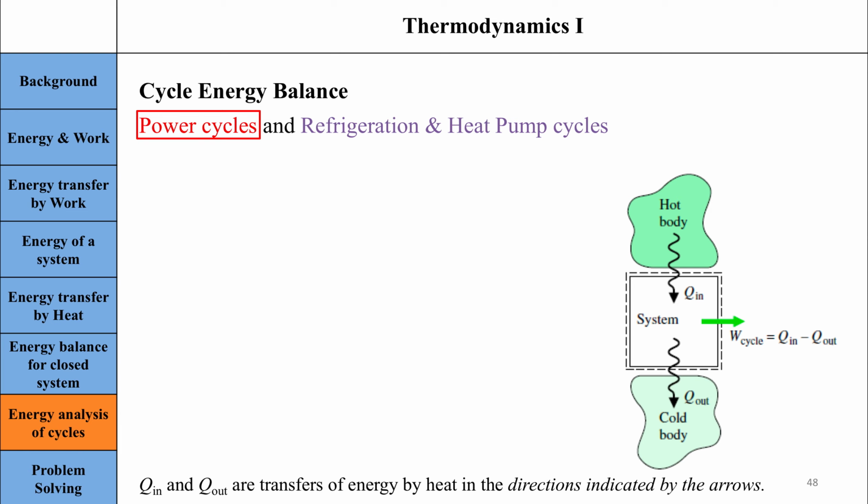The direction of the arrows indicates how the transfer is taking place, instead of looking at it in terms of work done on the system or work done by the system. We're just going to utilize these arrow directions instead.